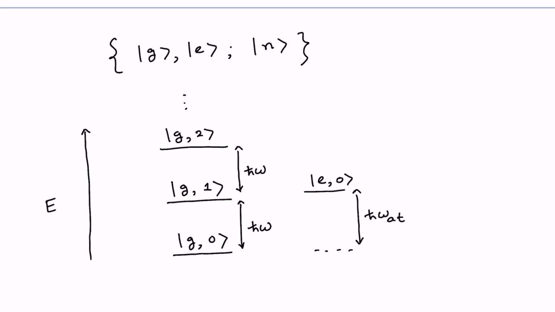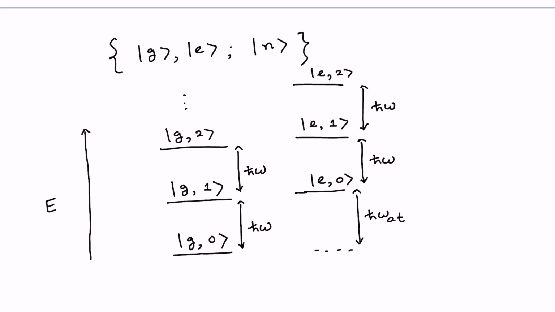And if we put a quanta in the field mode, keeping the atom in the excited state, this is going to be the energy level, and the difference between the two energy levels is going to be h cross omega. Then we can put another quanta in the field mode keeping the atom in the excited state, and the energy difference is going to be h bar omega.